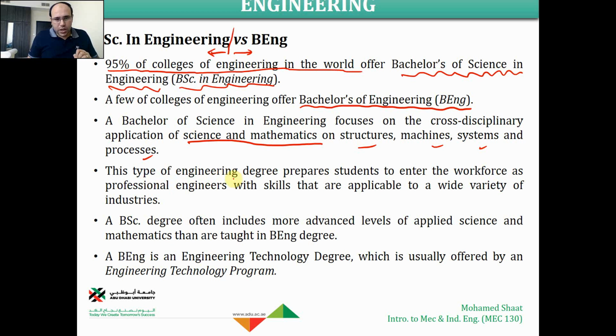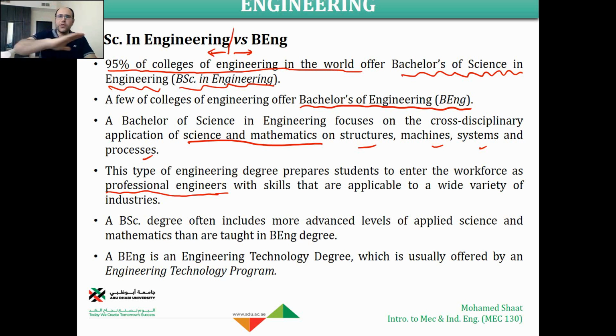This type of engineering, the Bachelor of Science in Engineering, prepares students to enter the workforce as professional engineers. You're going to be an engineer, and you will be qualified to acquire any job title as an engineer depending on your major. For example, if you have a Bachelor of Science in Mechanical Engineering, your degree qualifies you to be a mechanical engineer who could acquire any job title related to mechanical engineering, whatever it is.